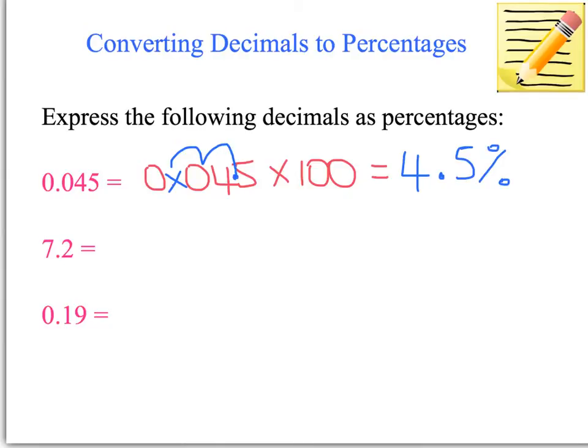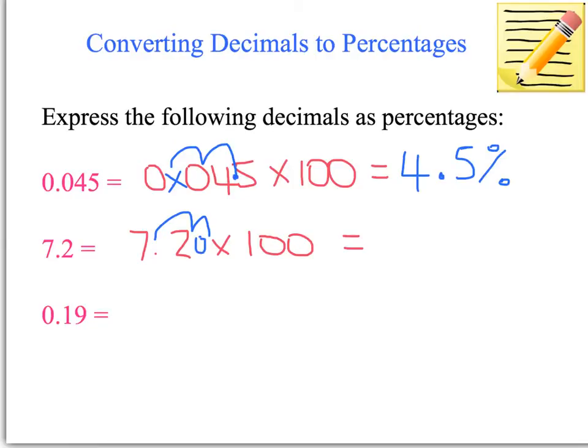Righty-ho. 7.2 as a percentage. So we need to multiply by 100, and that means we move the decimal place, multiply, right, so we're moving the decimal place to the right, 1, 2.